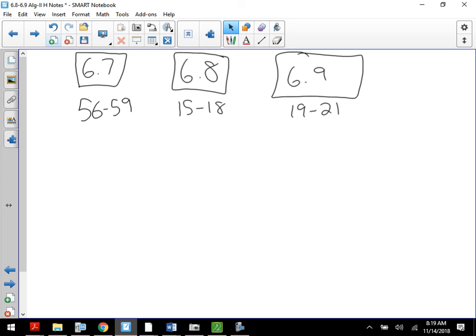That's what you're looking at. 6.8, those 4 are rough sketch and graph, like we did via zeros and tails, real fast. And then those last ones are what we just did, right?